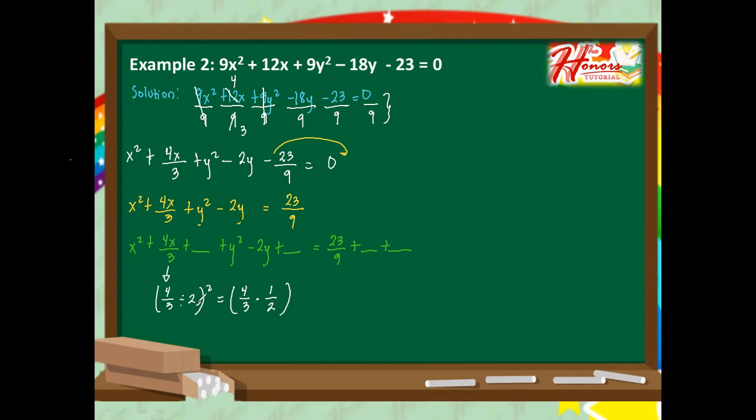Because when you change 2 into a fraction, it becomes 2 over 1. And when we say reciprocal, we have to change the position of the number. So when 2 is your numerator, it will become your denominator, and vice versa. If 1 is your denominator, it will become your numerator. And then don't forget the 2 here, which is the exponent that we have earlier. Now let's multiply it.